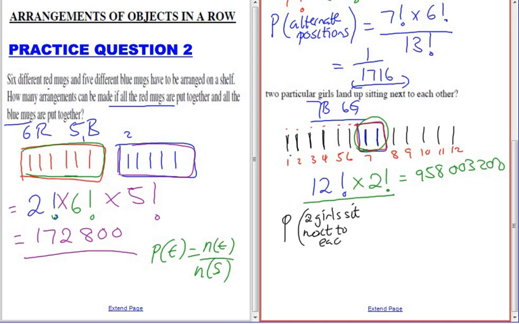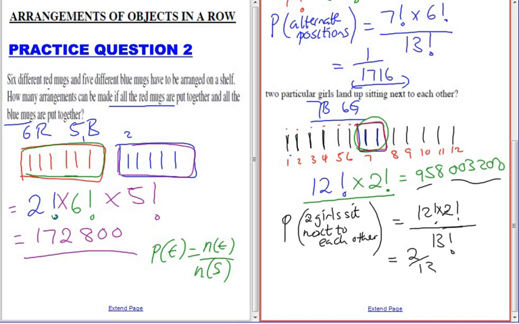So we take the number of times they were sitting next to each other, which is 12 factorial times 2 factorial, which will be too difficult to continue to write. And then you divide by the total possible number of outcomes. And remember, it was 13 factorial. So if you simplify this, you would definitely get 2 over 13 like I did.